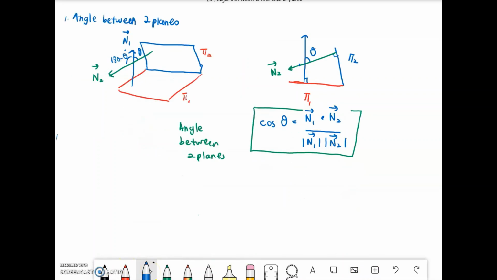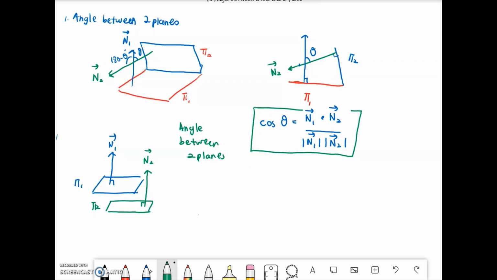There are also some cases where two planes are parallel. Let's say plane 1 is here, so the normal vector of plane 1 will be like this. And then the second plane, which is pi2, the normal vector of plane 2 will be somewhere like this.